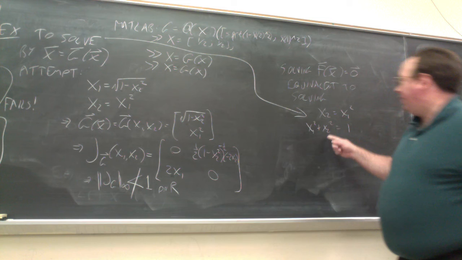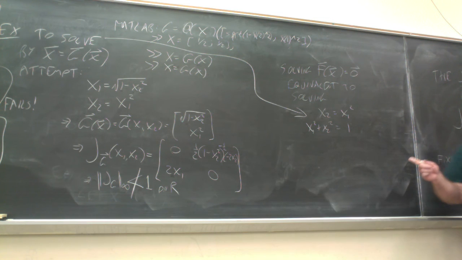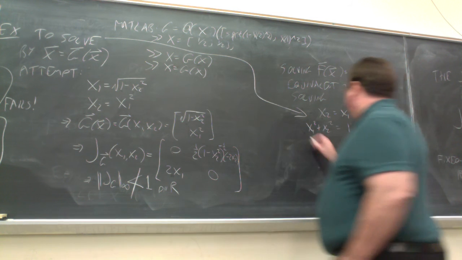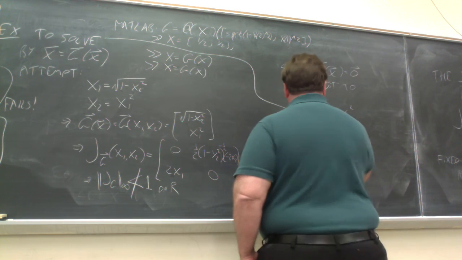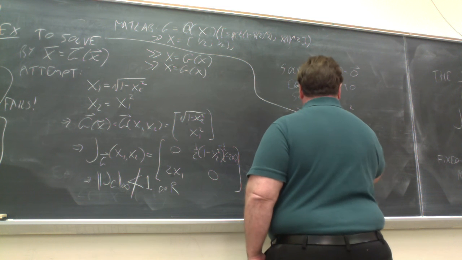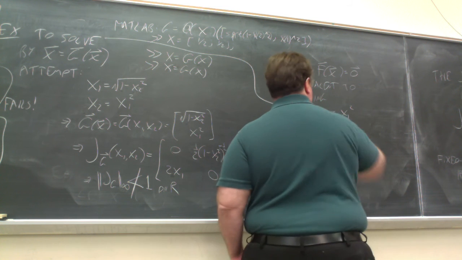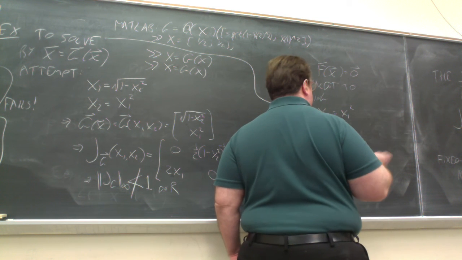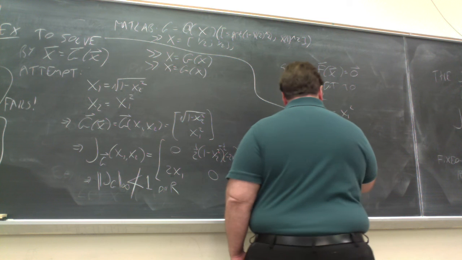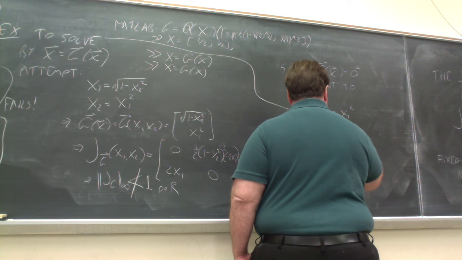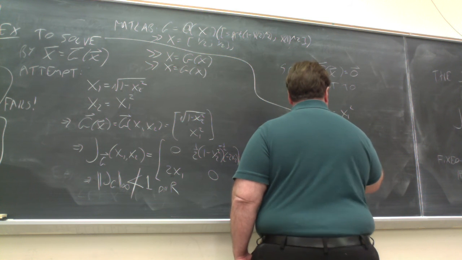So if I go back to these equations, instead of having x2 is equal to x1 squared, that's setting the stage for a derivative that's going to be too large. So what I'll do is, our new g, I'll take this equation and instead of isolating x2, I'm going to isolate x1. So x1 is equal to the square root of x2.